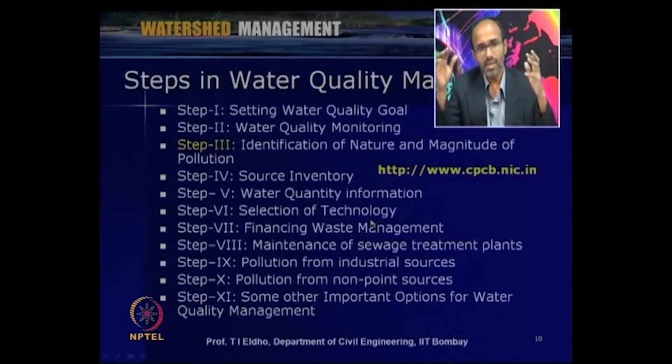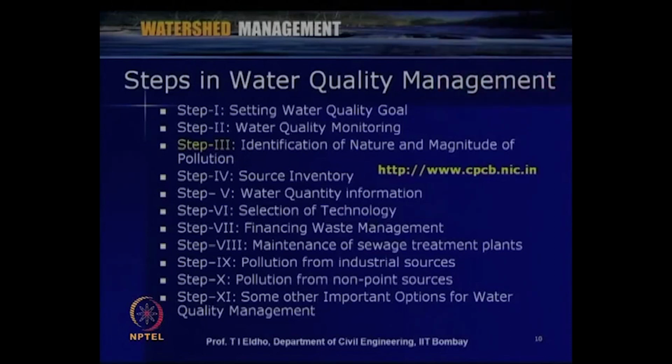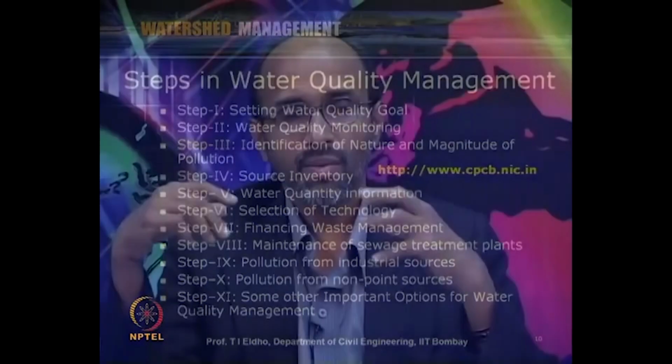So, generally when we are setting the guidelines for water quality management, we have to come up with a document, and once the document is prepared, to assure that the water quality control measures are met, we have to go through a systematic procedure. So, as given by the Central Pollution Control Board, Government of India, these are the 11 steps which we have to follow as far as the water quality management is concerned.